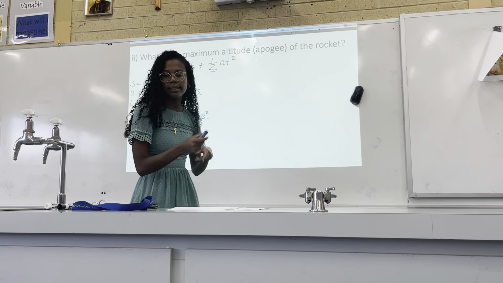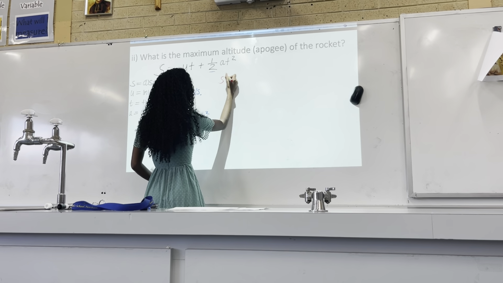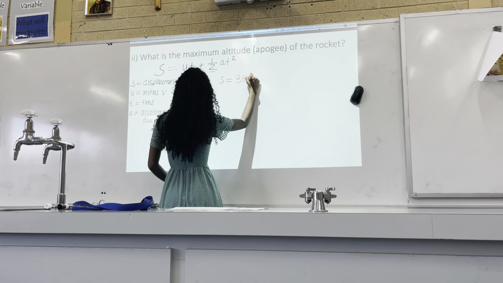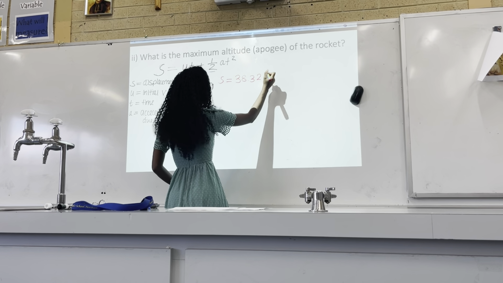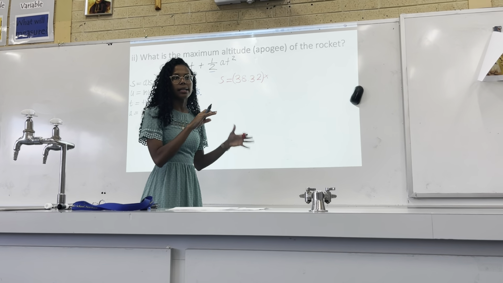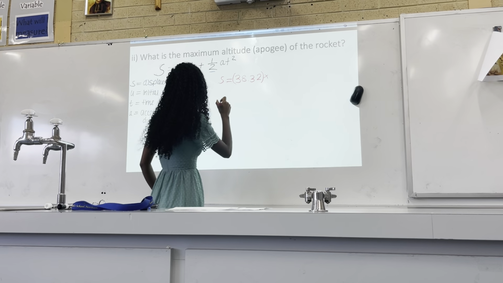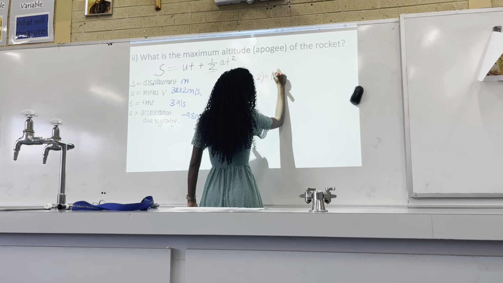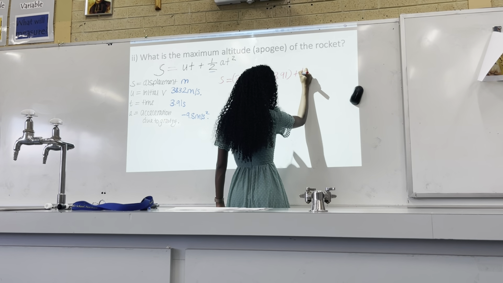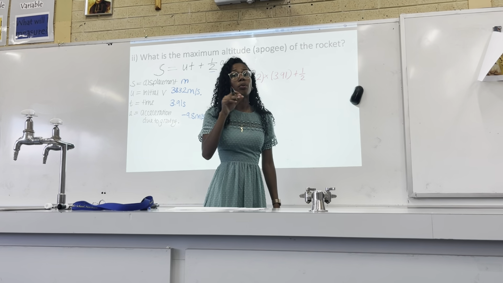So S is equal to 38.32 times, I'm just going to put it in brackets so I can separate my numbers so it doesn't look all jumbly, times the time, which is 3.91, plus 1/2. You can do plus 1/2 or plus 0.5.